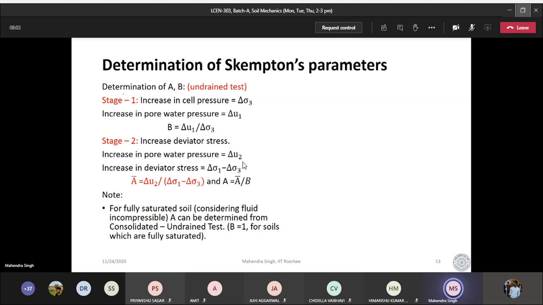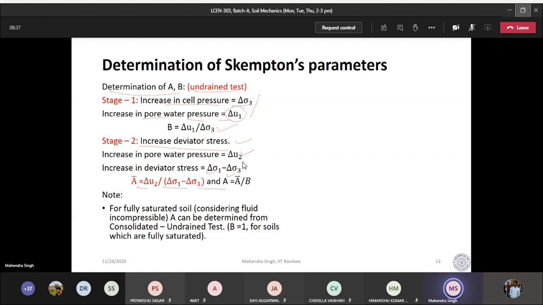And to determine these parameters, we have to do the undrained test. The procedure is simple: you increase the cell pressure, and pore water pressure measurement is possible. From there you get this, and then you can get parameter B. Similarly, under undrained condition, increase the deviator stress and find out the increase in pore water pressure, and also the increase in deviator stress, and then you can calculate A bar.